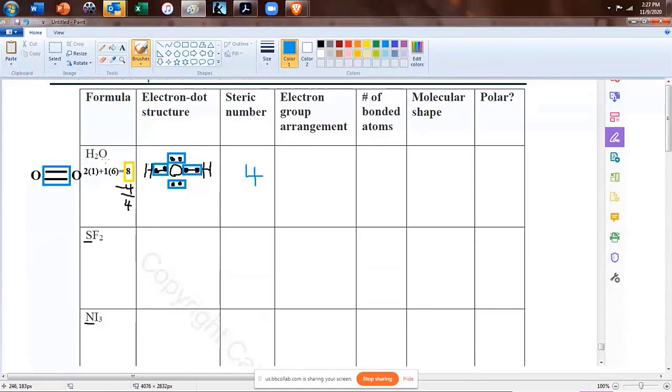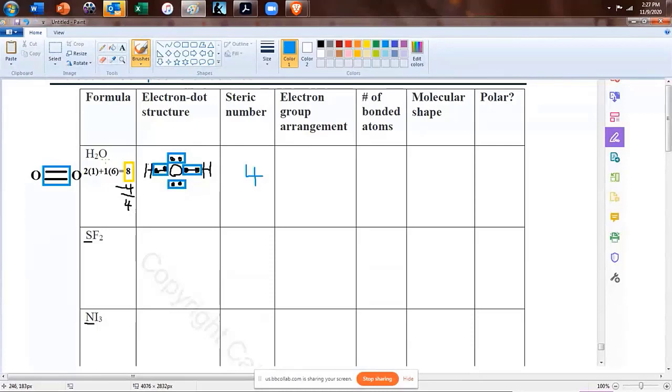Hydrogen can only ever form one bond, so hydrogen can never be the central atom. So in this case, oxygen has to be the central atom. Also, usually the first atom listed is the central atom. Like I said, hydrogen is an exception. So sulfur would be the central atom for this compound, nitrogen for this compound, etc. Oxygen is the central atom and is bonded to 2 hydrogens.